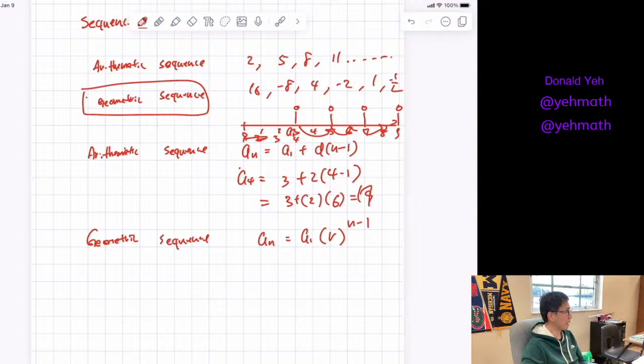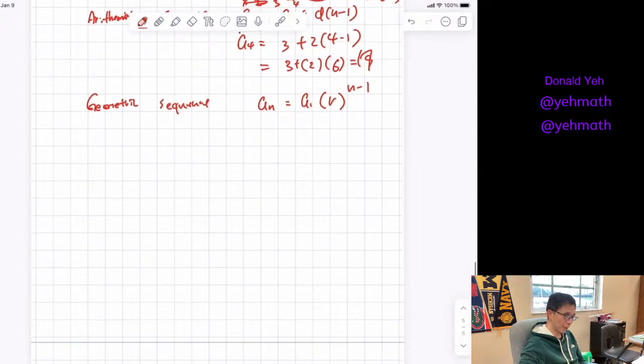Now, of course, there are other types of sequences. Some sequences could be listed like this. Well, how about this? What kind of sequence is this?